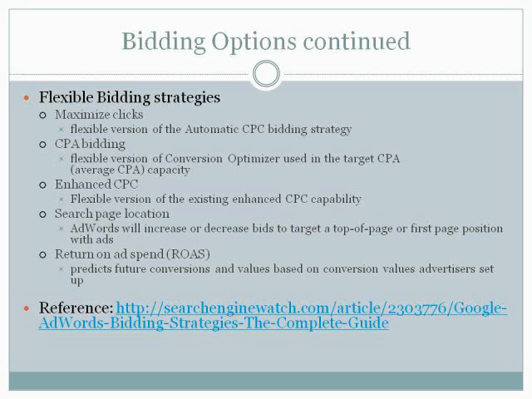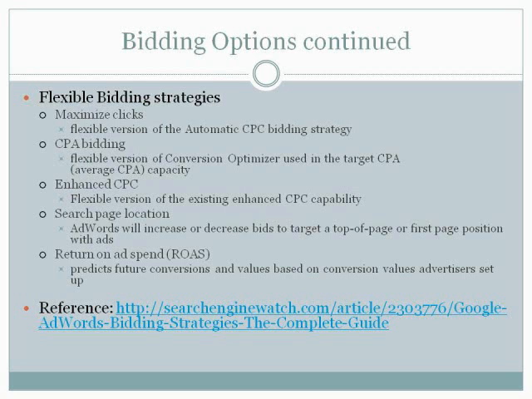And this one I think is interesting. There's one based on search page location where AdWords will increase or decrease your bids with the aim, but not the promise, of getting your ad to be on the top of the page or in a first page position.